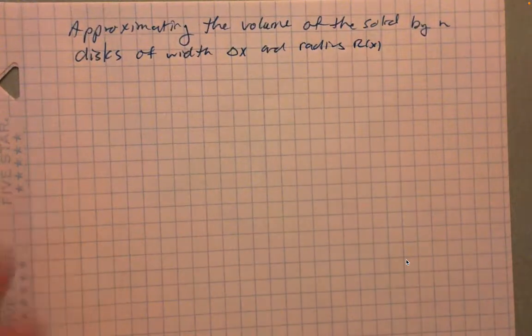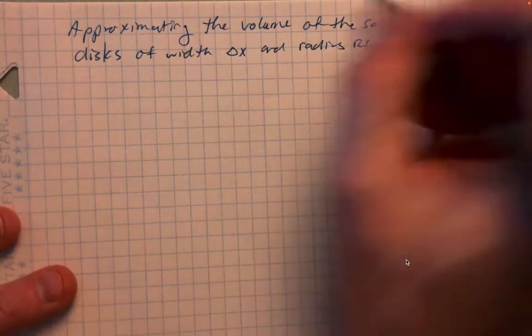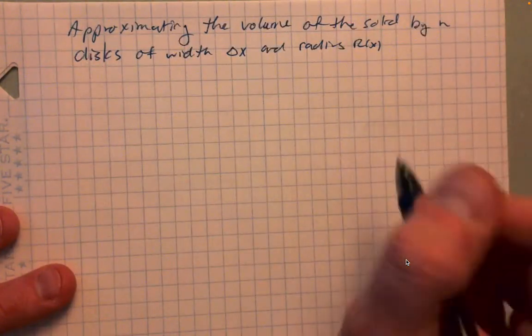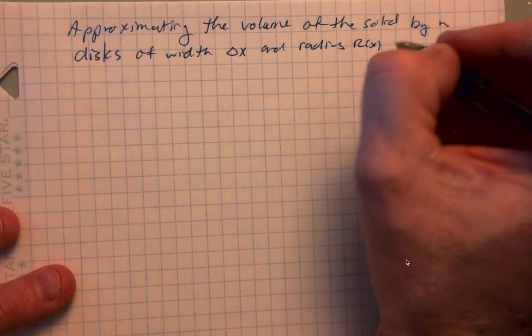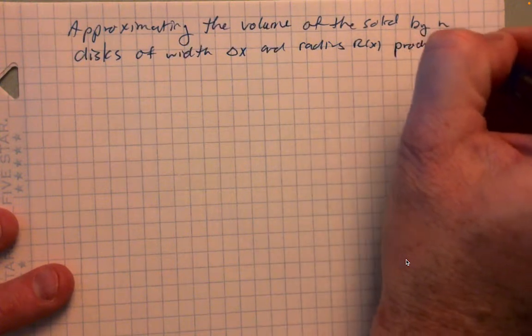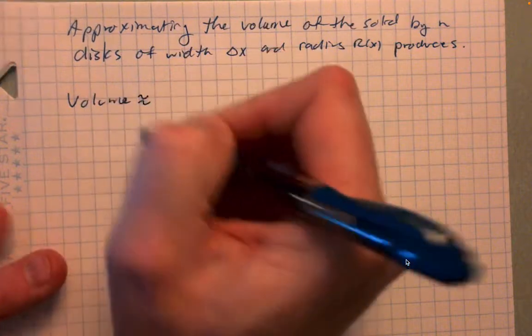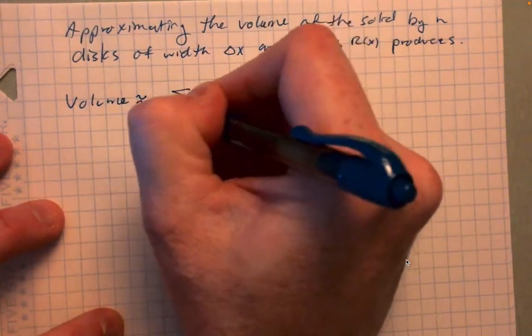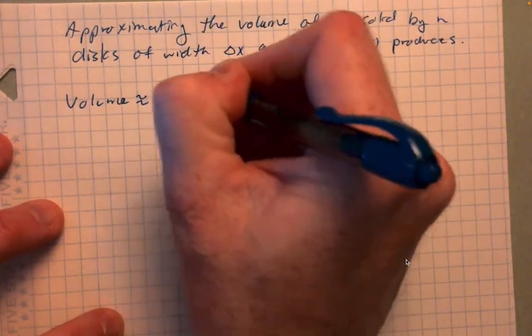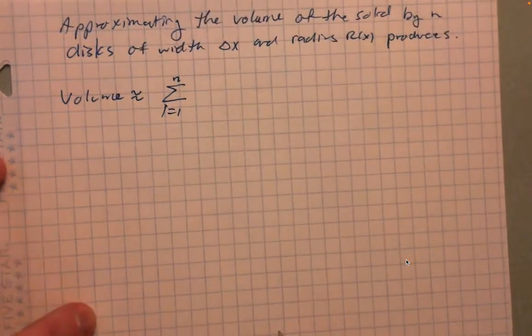Each one of them could potentially have a different radius, right, based on the function r. So approximating the volume of the solid by n disks of width delta x and radius r of x produces the following. Of course, you're going to have the volume approximately equal to the sum i equals 1 to n, right? We're going to add up the volume of all those little disks.